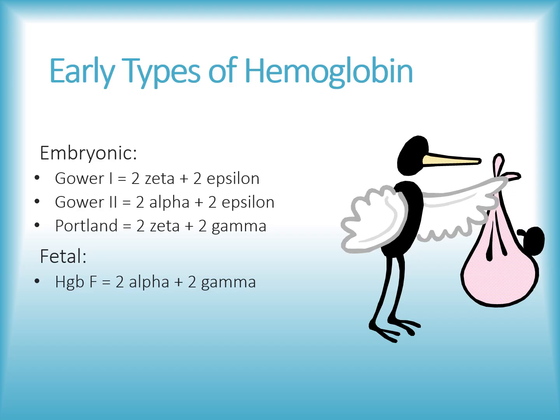So in fetal development, between 4 and 5 months, we have 2 alpha and 2 gamma chains. And this is pretty persistent. Once the baby is born, you'll start to see a mixture of hemoglobin A, which is our adult hemoglobin, and fetal hemoglobin. It'll kind of fade away. And once the baby's between 6 months to a year old, you won't really see that hemoglobin F presence anymore. But you will see it early on in the infant stage of development.